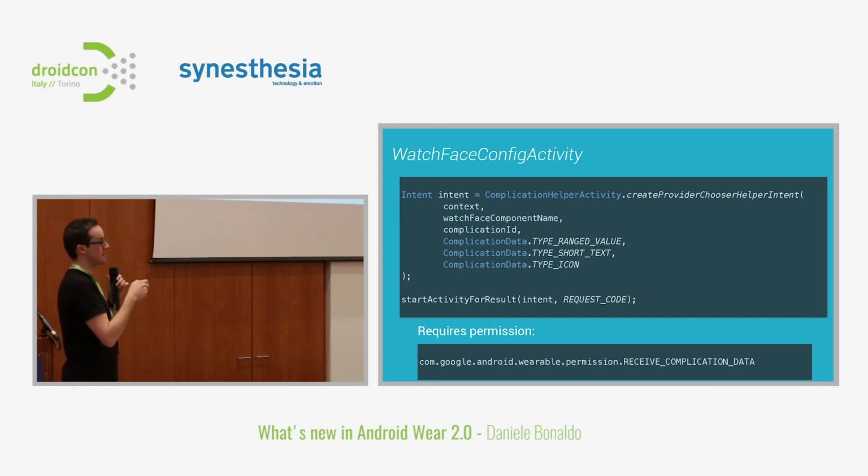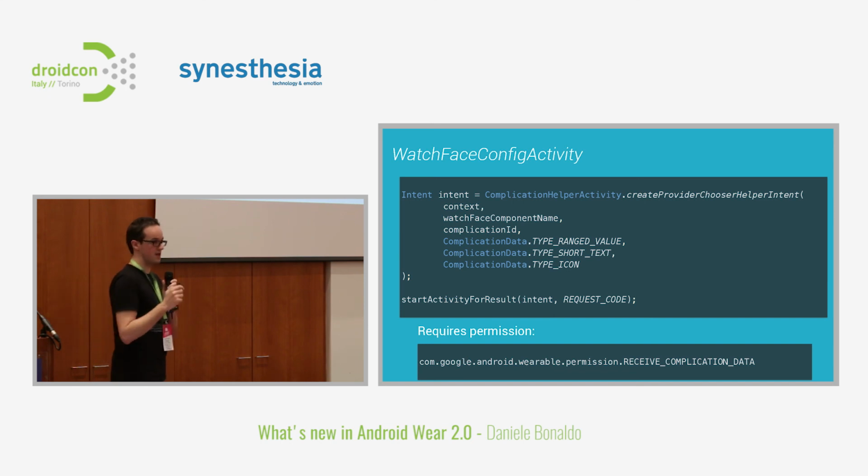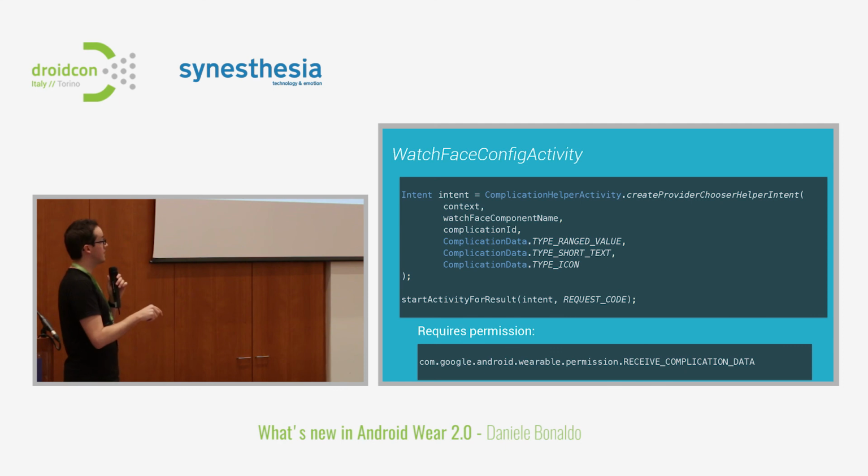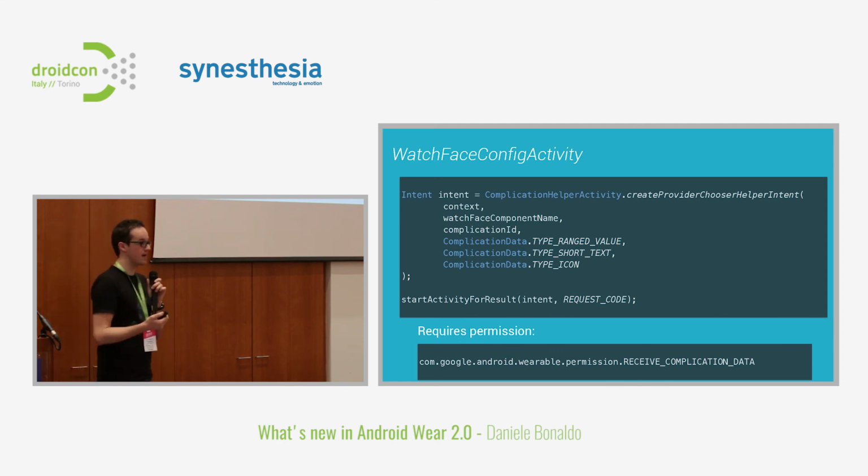So it means that the data provider will receive one single callback including the first one of these types. So this is the most important one, second most important, and the last one. It's good to use this system activity because it will take care of requesting the needed runtime permission for the user if it's not granted already.